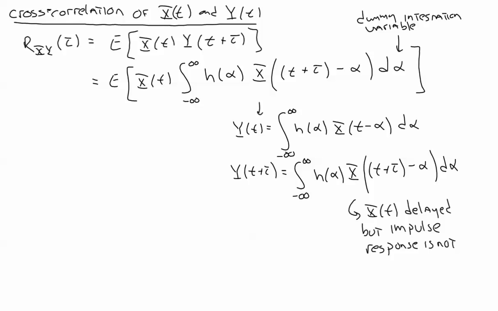Now, once again, you'll notice that my random process is not a function of my integration variable alpha, so that can come inside of my integral. The only thing that has randomness associated with it is x of t and its shifted self. That allows me to rewrite my cross-correlation the following way.